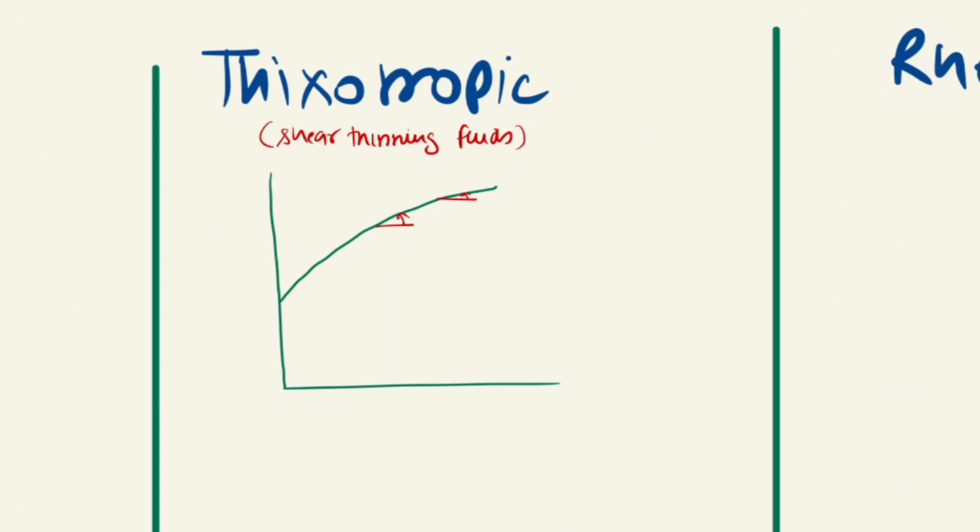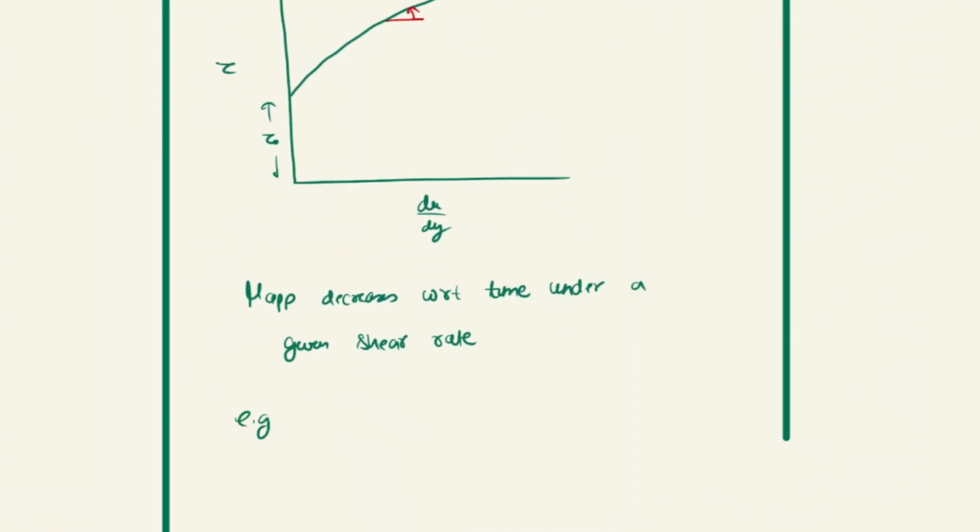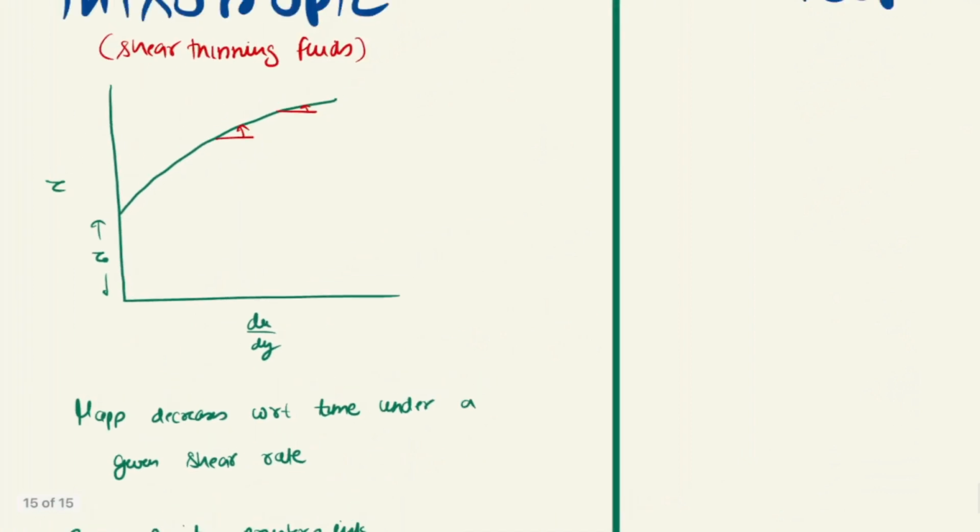So here, this is again some yield stress we are observing, and this is du by dy, and this is tau. So here mu apparent decreases with respect to time under a given shear rate. Examples are paint and printer's ink.